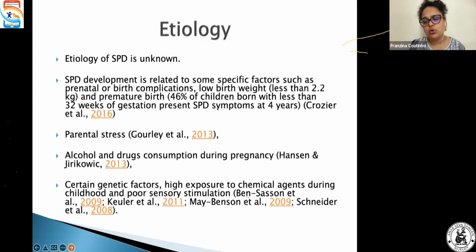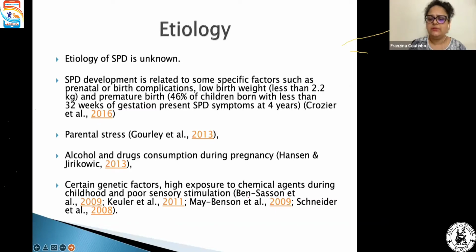Okay, there's no known cause for SPD. Research has shown that there are some factors like preterm birth, if the child is under 2.2 kilos. So if you have a low birth weight baby, if you have a premature birth, children born at less than 32 weeks, right?